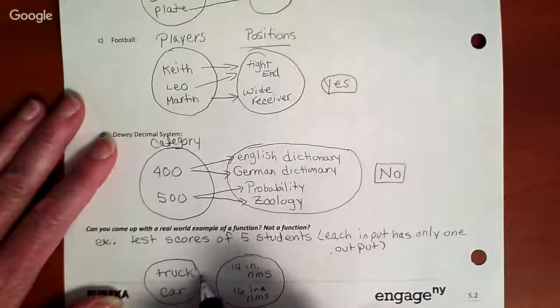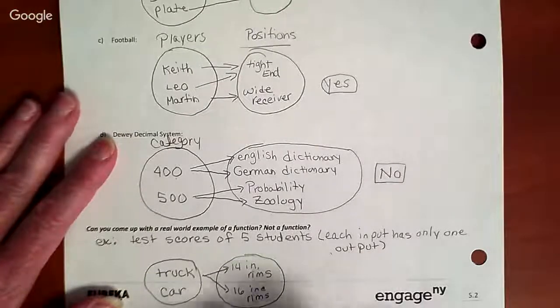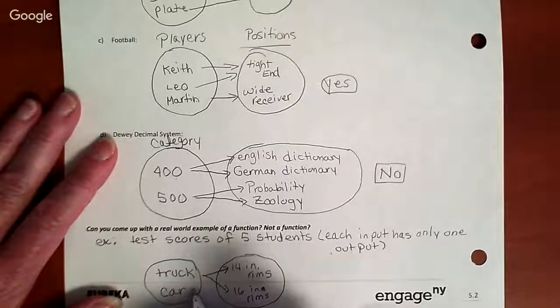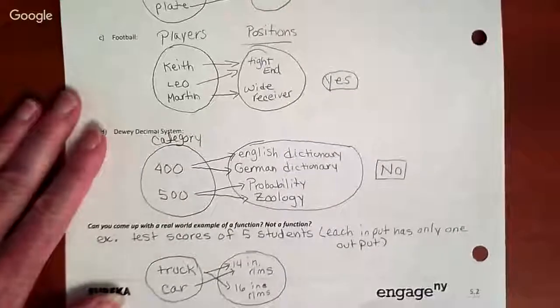The truck can have either 14-inch rims or 16-inch rims, and the car can have just 14-inch rims.